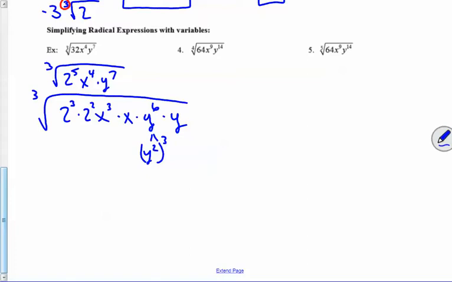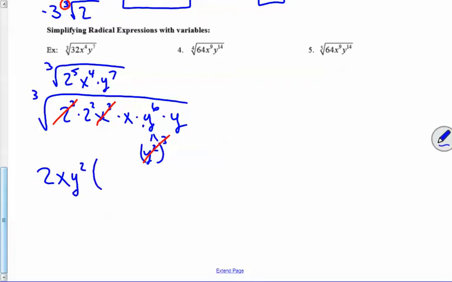So why did I do it that way? Because this 2 to the third reduces to 2, x to the third, I can just kind of cross those out as I use them. x to the third will reduce to x, y squared to the third reduces to y squared.